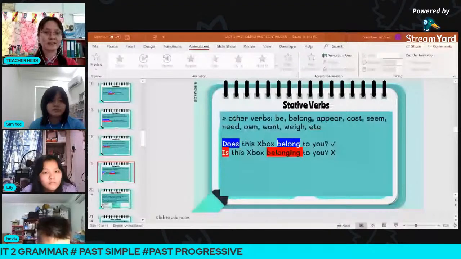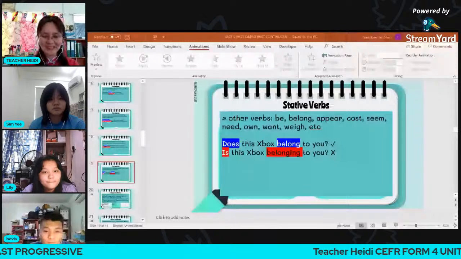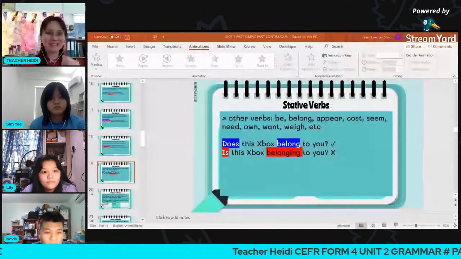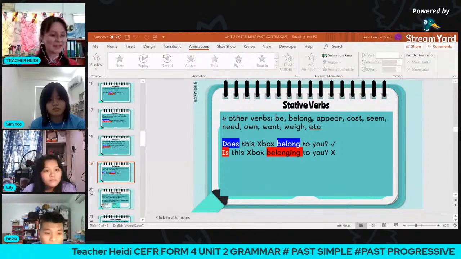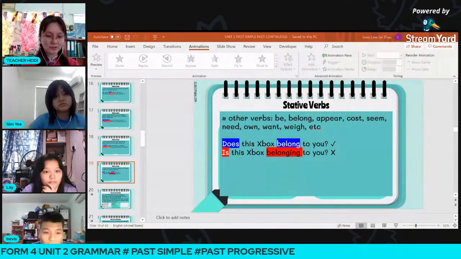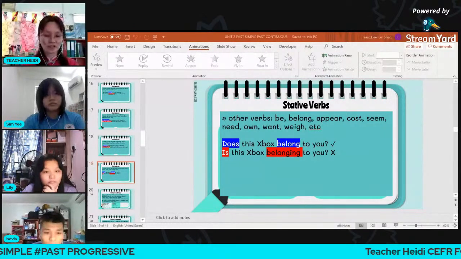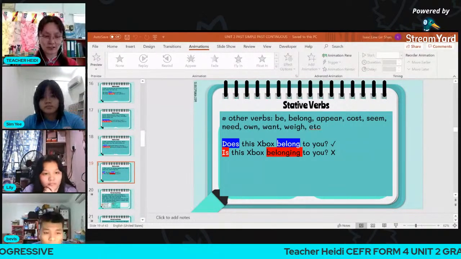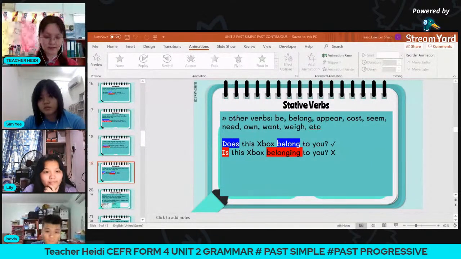Teacher suddenly liked this question and forgot to check whether it is present or past. This one is present simple and present continuous. So teacher would like to see your answer in the chat box. Which one do you think uses the simple present and which one uses the ing? If it's using the ing, what is the is ours word that you must go with? Let me see your answer.